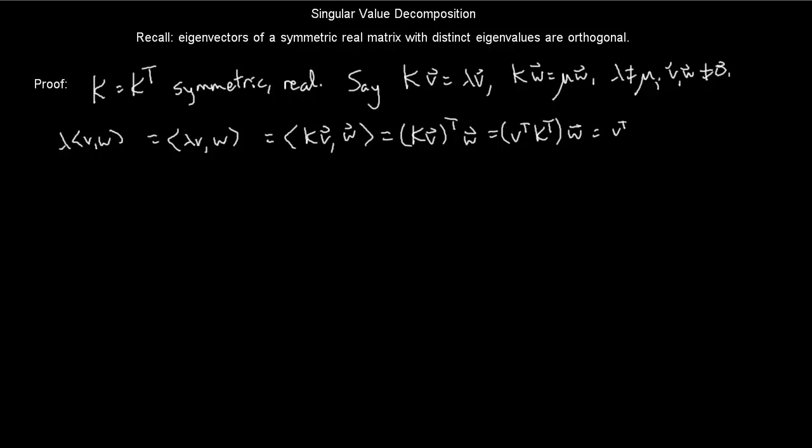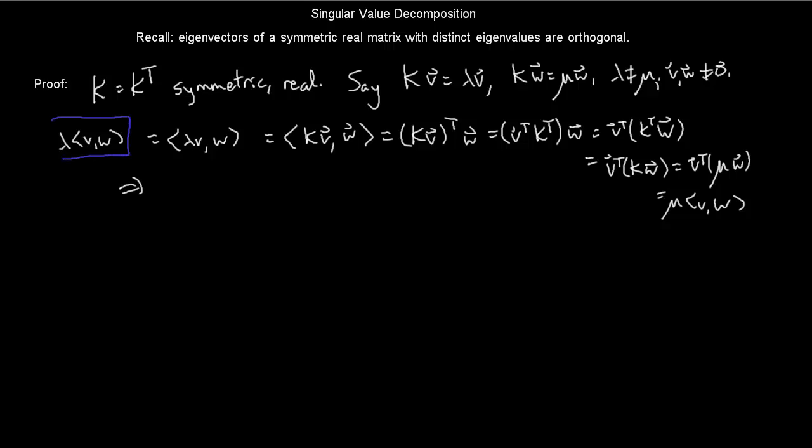And I can rearrange the parentheses any way I like, because matrix multiplication is associative. Now, K transpose is equal to K, so this is V transpose times KW. But KW is mu times W, so this is V transpose mu W, which is another way of writing mu times V dot W. So what we've seen is that the left-hand side, lambda times V dot W, is equal to the right-hand side, mu times V dot W.